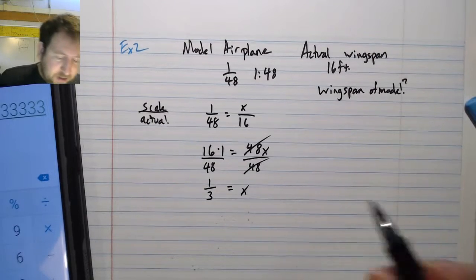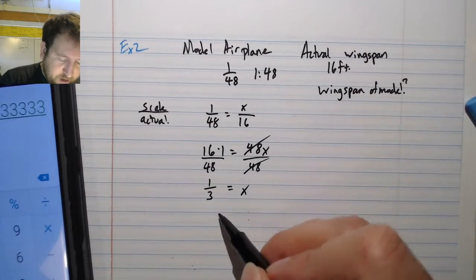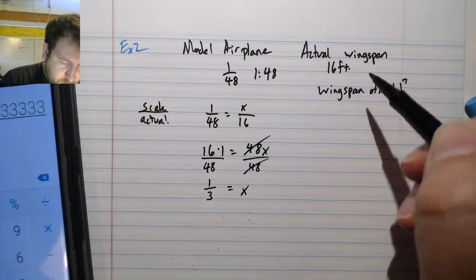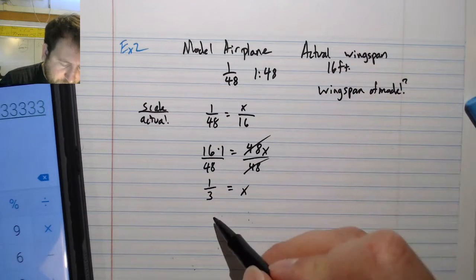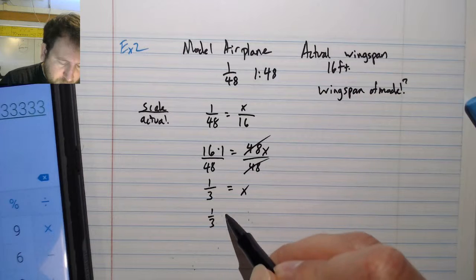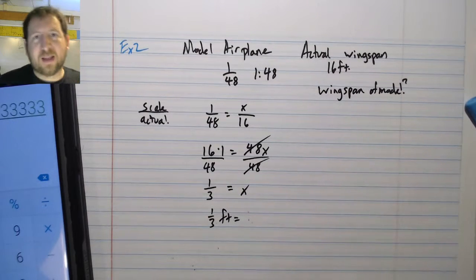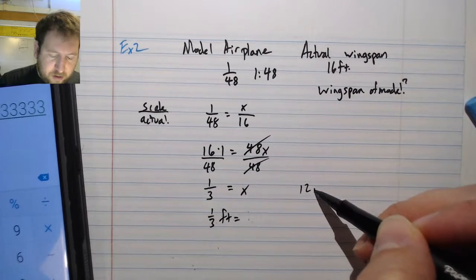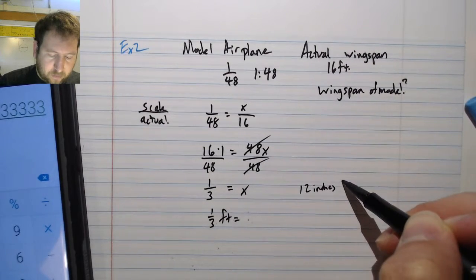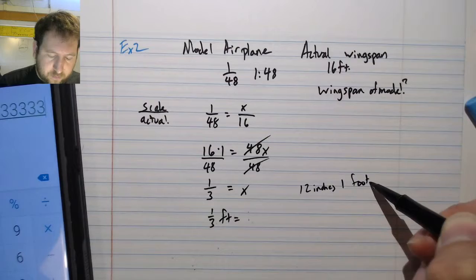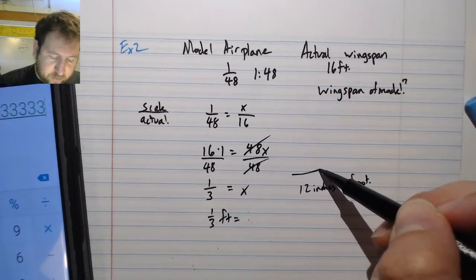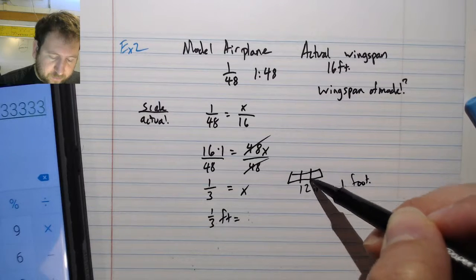So that means that my wingspan here is going to be 1/3 of a foot. And if I wanted to write that into inches, I know that there are 12 inches in 1 foot. So I can see 4, 8, 12 if I divide my little ruler up into 3 sections.